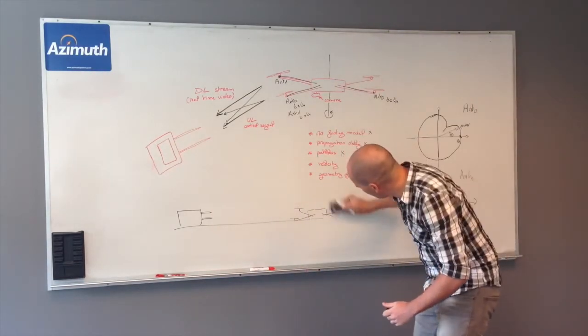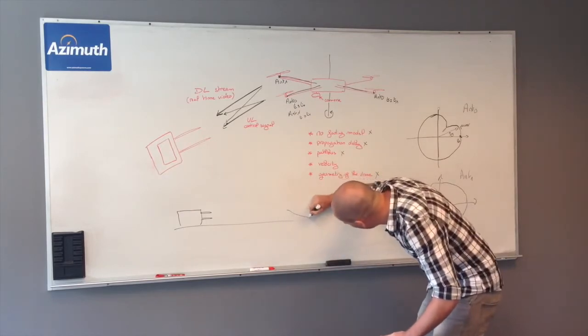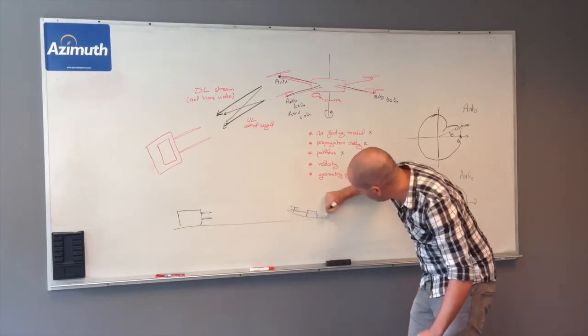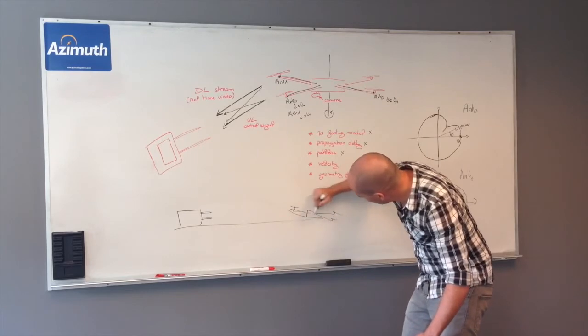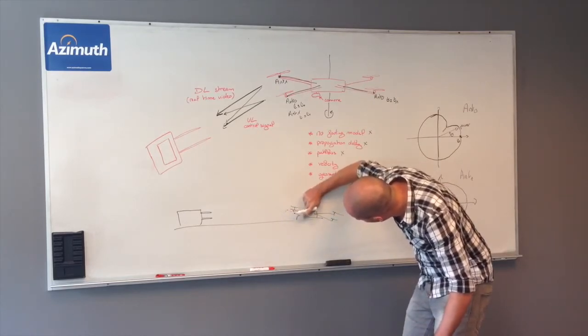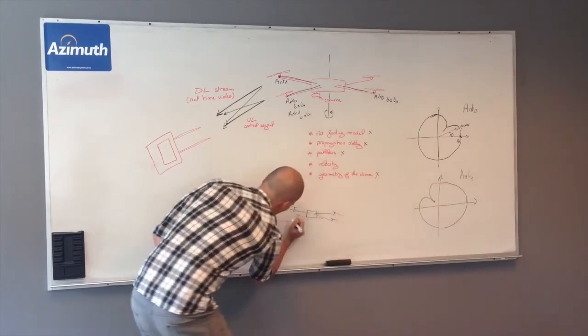But then, if your drone starts going in this situation, it creates a tilt angle.